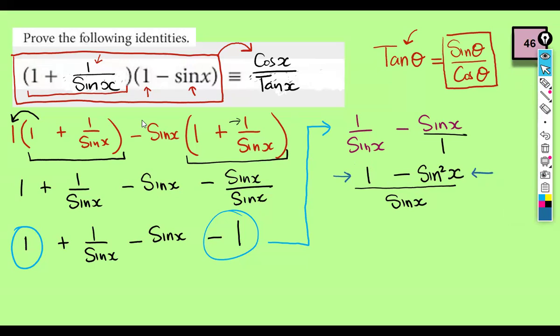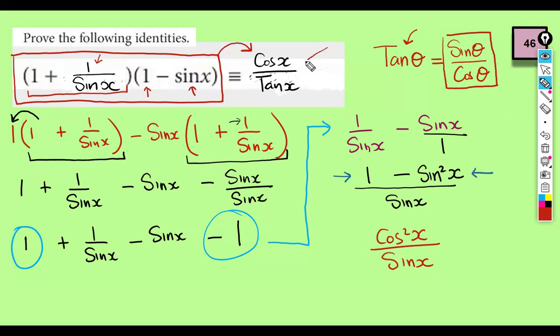Right, Salamatu, correct. 1 minus sine squared x from the previous question can be replaced with cos squared x over, and of course we have sine x. So we throw away the whole top and replace it with cos squared x. So now we have cos squared x divided by sine x.